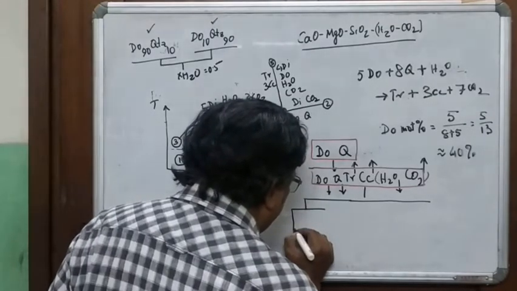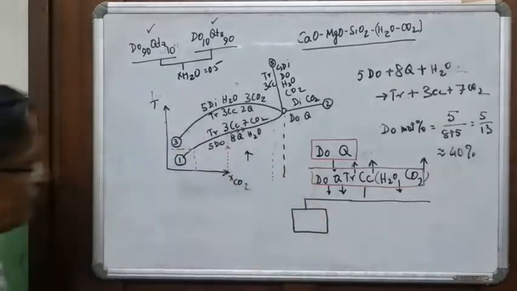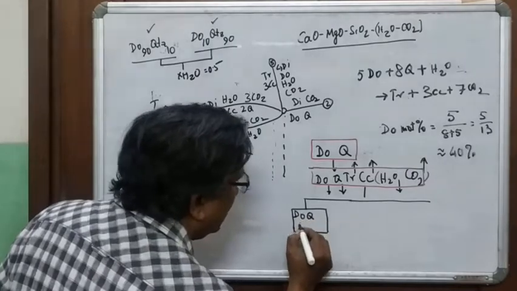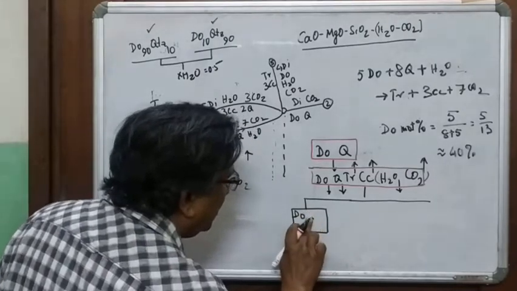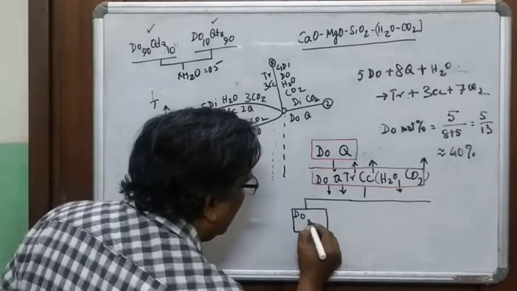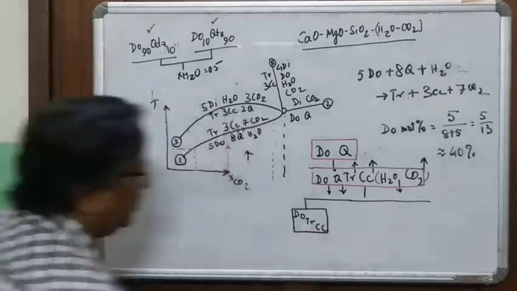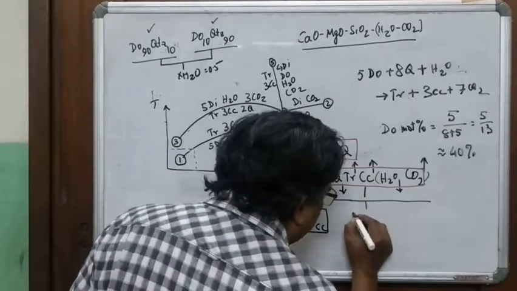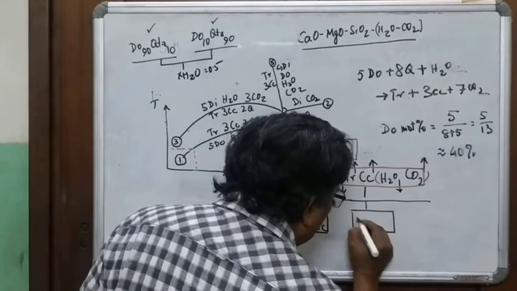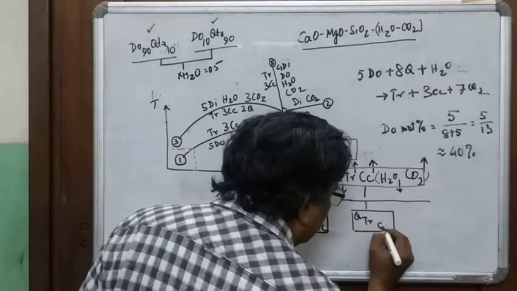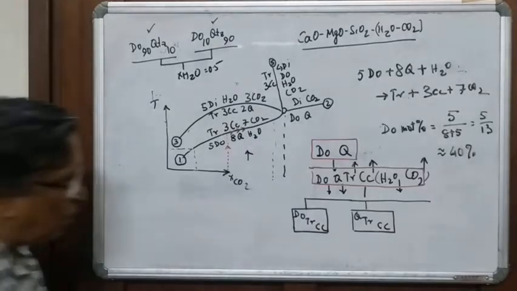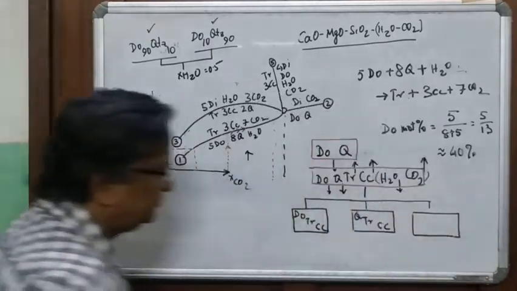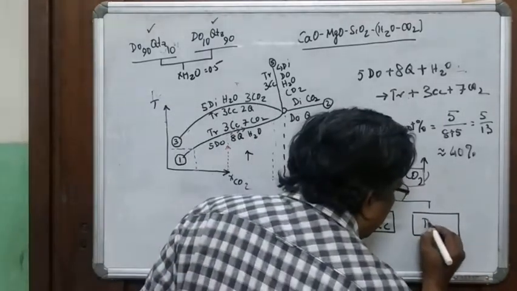Either you will have the assemblage dolomite, tremolite, calcite, or you will have the assemblage quartz, tremolite, calcite, or you will have the assemblage tremolite, calcite.